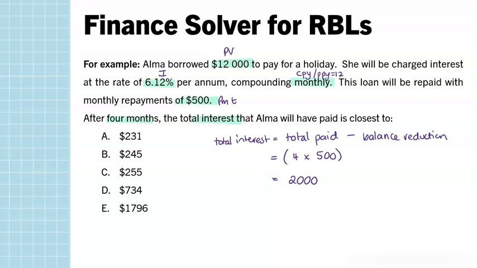That's what she's paid in total. The balance reduction will be the difference between the principal value and the balance at 4 months. So in order to complete this question, we need to find the future value when n equals 4.